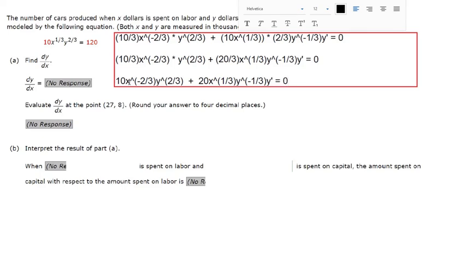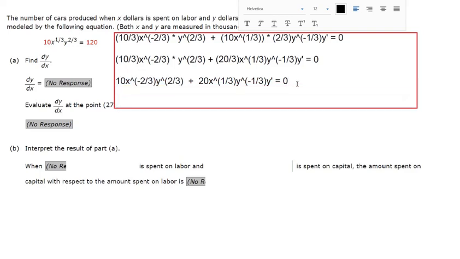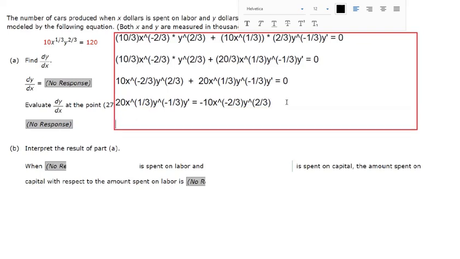And then to keep trying to simplify this, let's get the y prime term by itself. So I'm going to subtract this from both sides. So this is what you get when you subtract it from both sides. And then still trying to make it simpler, so we got x to the 1/3, y to the -1/3, so that's not super nice. Let's see, what can we do?